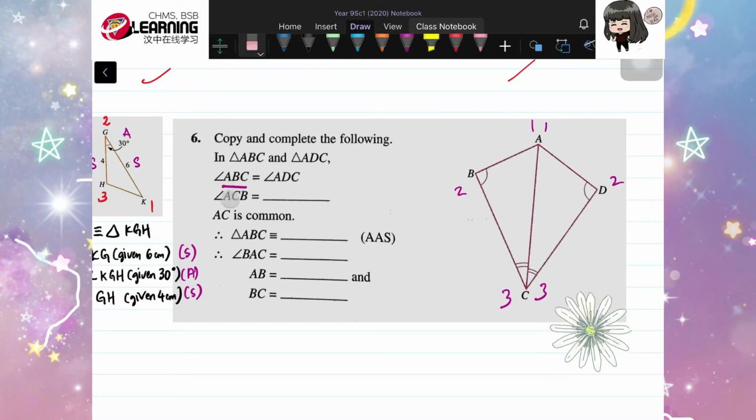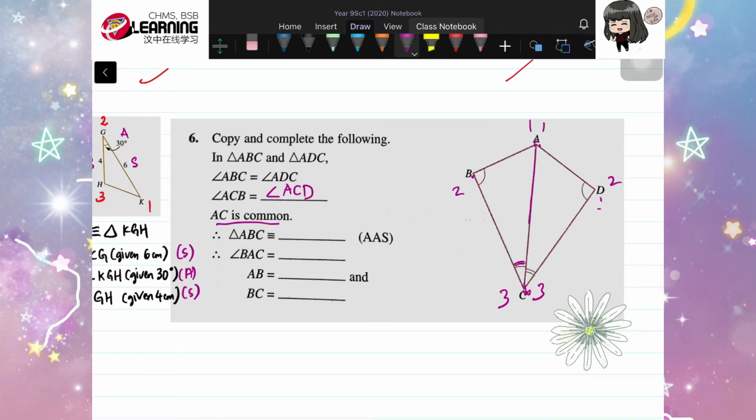And the next one, angle ACB is equal to which angle? ACB is 1 3 2, so this is also 1 3 2, so it's angle ACD.